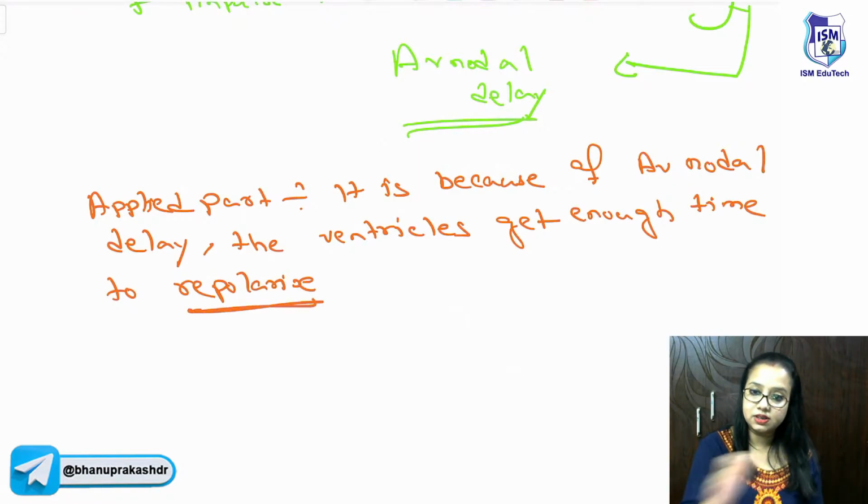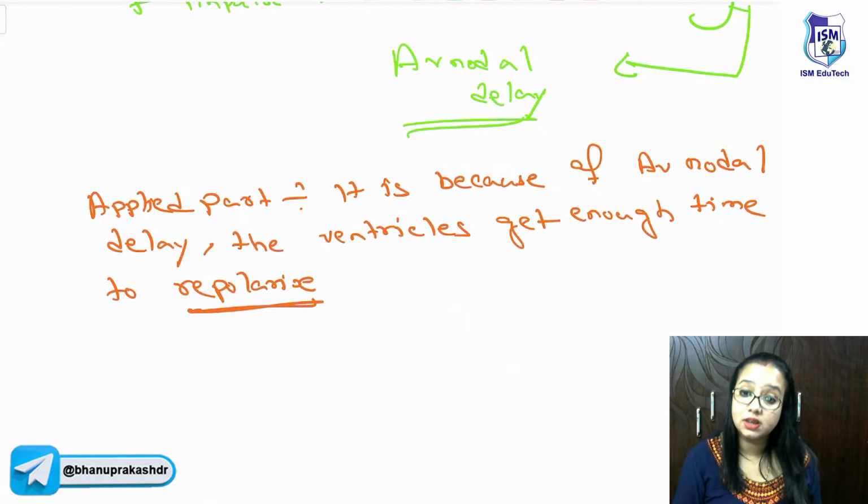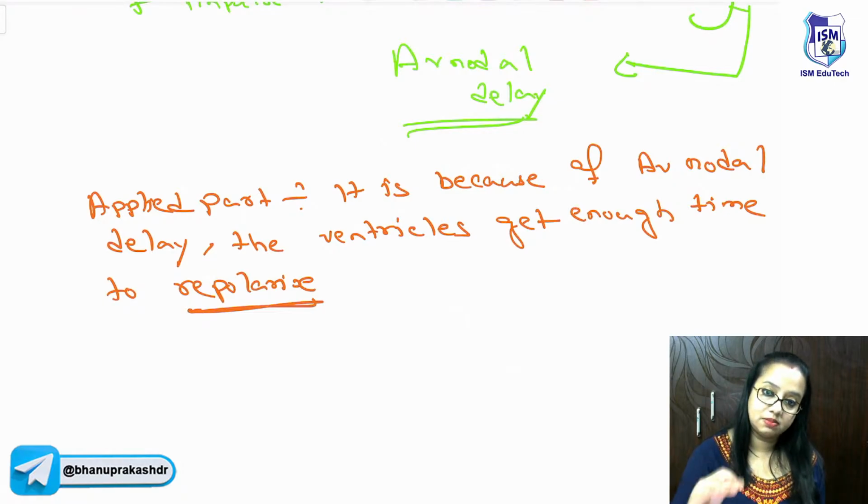From the previous beat, when the impulse has come and caused the action potential, the depolarization wave to the ventricle, because ventricle mass is big compared to that of the atrium. So it is only because of the AV nodal delay that the ventricle gets enough time to repolarize and relax.